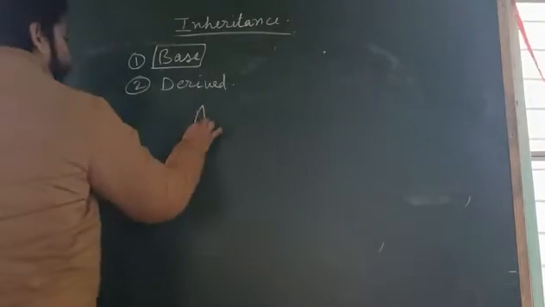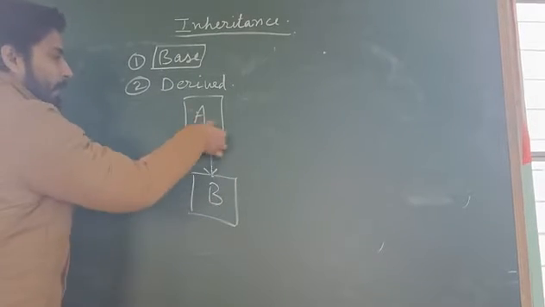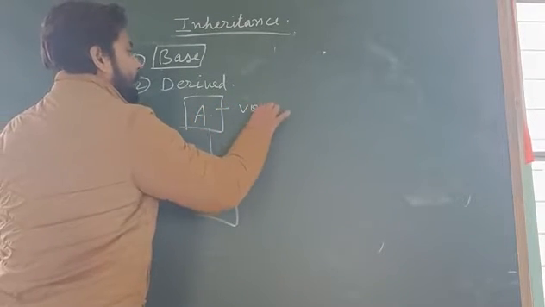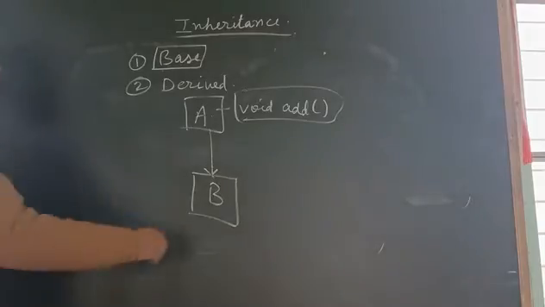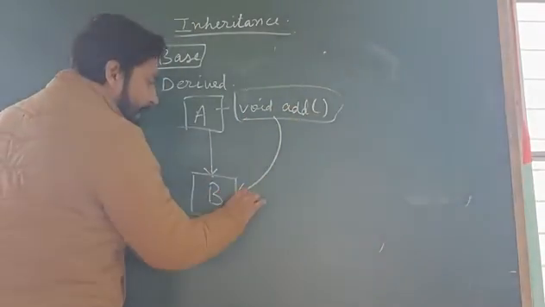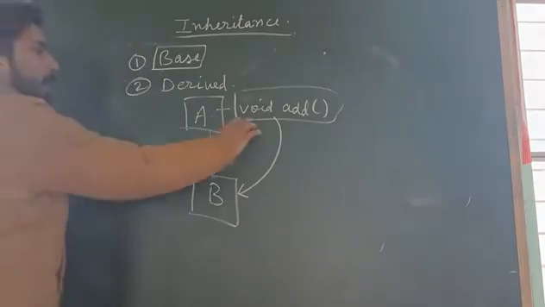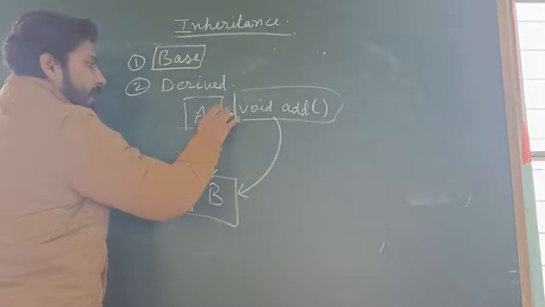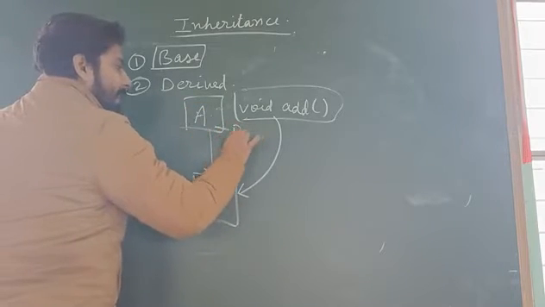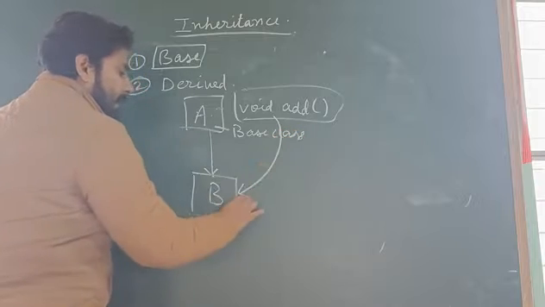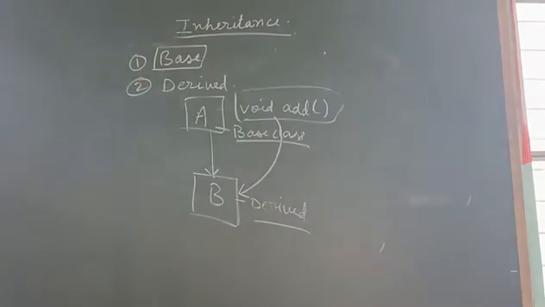Suppose there is a class A and another class B, and class B is acquiring the properties of class A. Suppose in class A we have one function, void add, and that function is used by class B. So class A is called the base class, and class B is called the derived class. Clear?